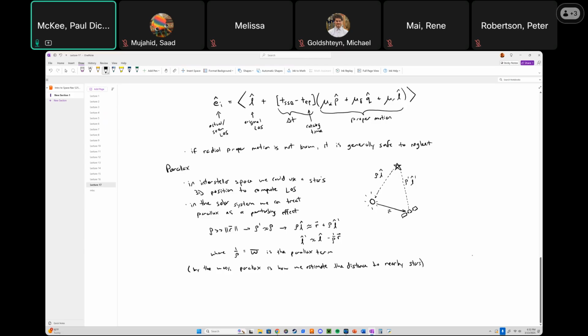Okay, almost done. So if we combine Romer delay, proper motion and parallax, we get the standard model, which is this.